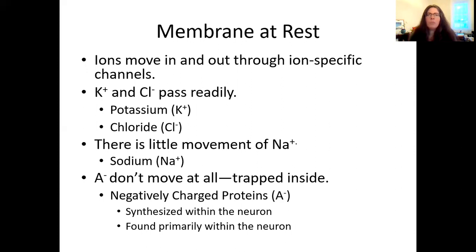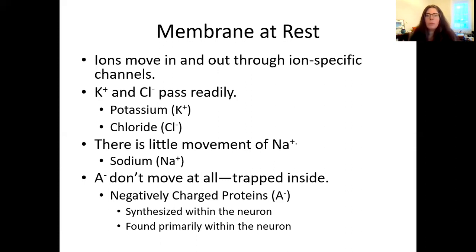The potassium channel is somewhat closed. It's mostly closed, but some potassium ions can move in and outside of the cell somewhat readily. Now, importantly, there is little movement of sodium. Those channels are closed. There are some negatively charged proteins that are synthesized within the neuron.